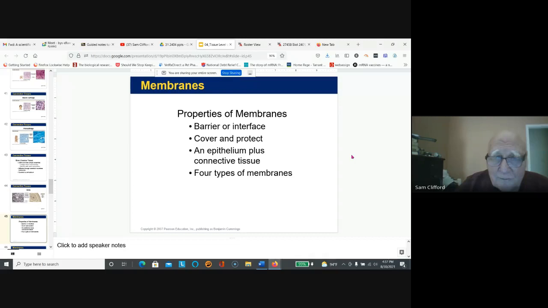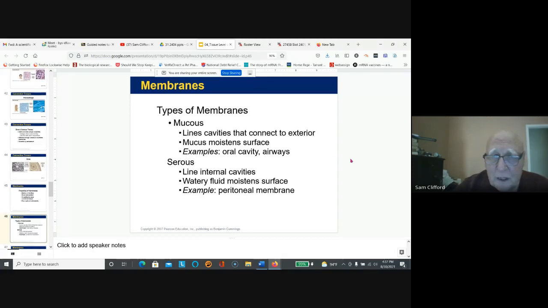Okay, membranes. Your skin is a barrier. It covers and protects the lining of your digestive system, plus a connective tissue protects your gut tissue. So the mucous membranes in the oral cavity and the airways of the lung, serous tissue lines in internal cavities, like the membrane lining the abdominal pelvic cavities, for instance.